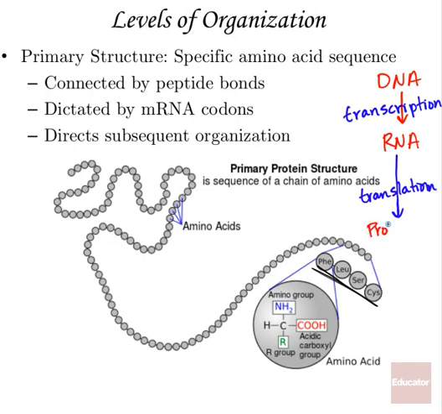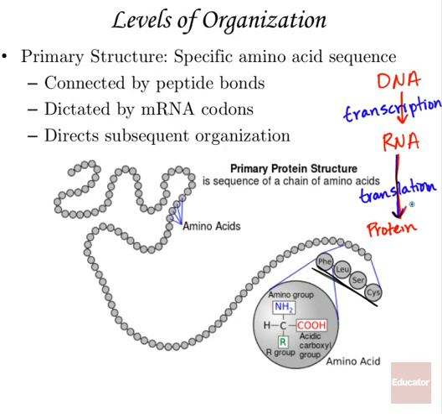And RNA can be made into protein via translation. So RNA gets turned into protein, so therefore the protein is dictated by the mRNA codons.